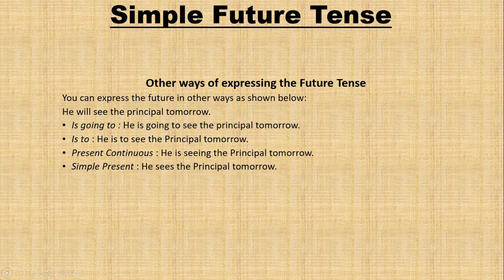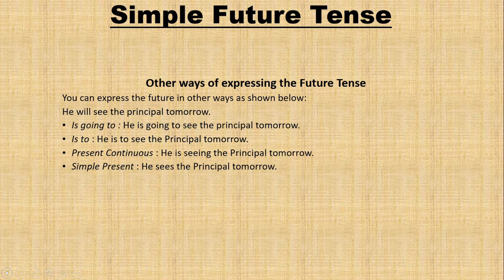Now let's look at the same sentence with present continuous. Till now we were talking about future tense. Now let's look at present continuous. He is seeing the principal tomorrow. And simple present: he sees the principal tomorrow. Why is it present continuous?